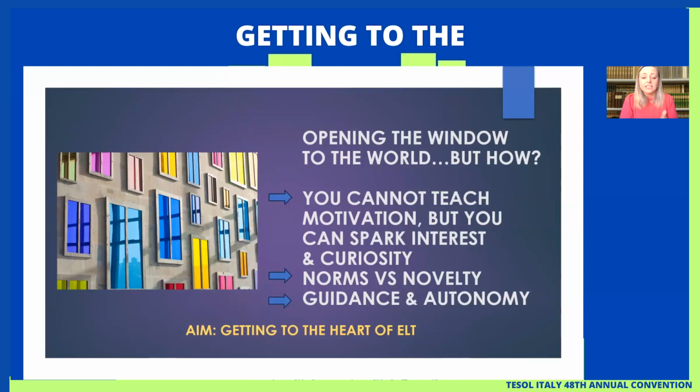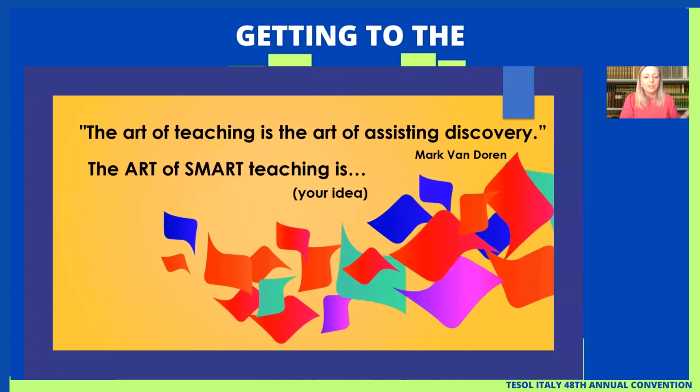The aim here, this is getting to the heart of ELT, knowing what really works, what counts. So the art of teaching, you may say, is the art of assisting discovery. At the same time, the art of smart teaching. Well, next question to you. What is your idea? You may use the chat again, please. Smart teaching, what would it be for you?